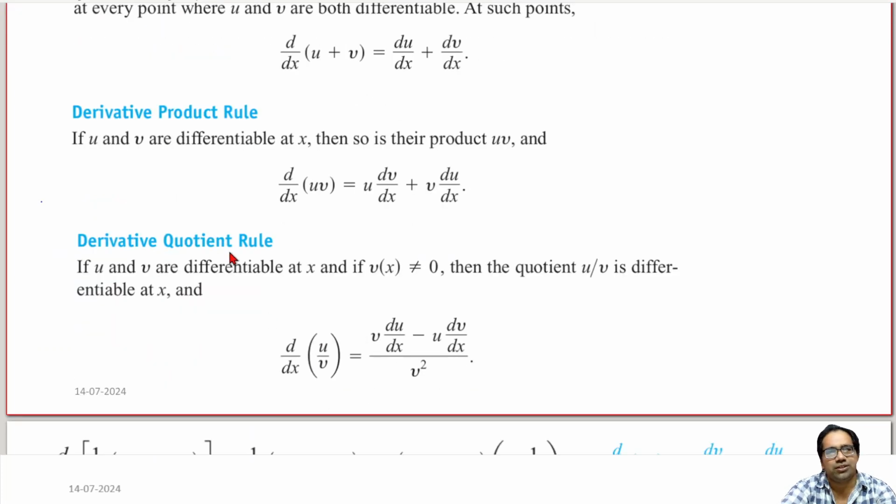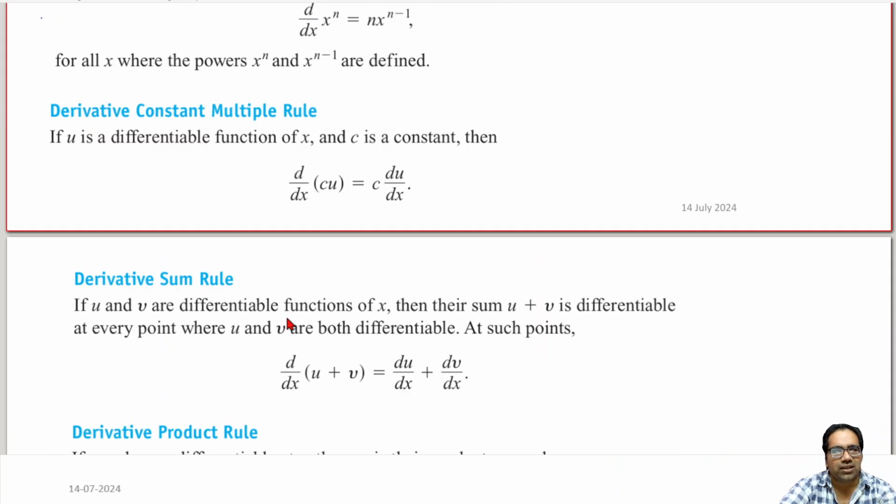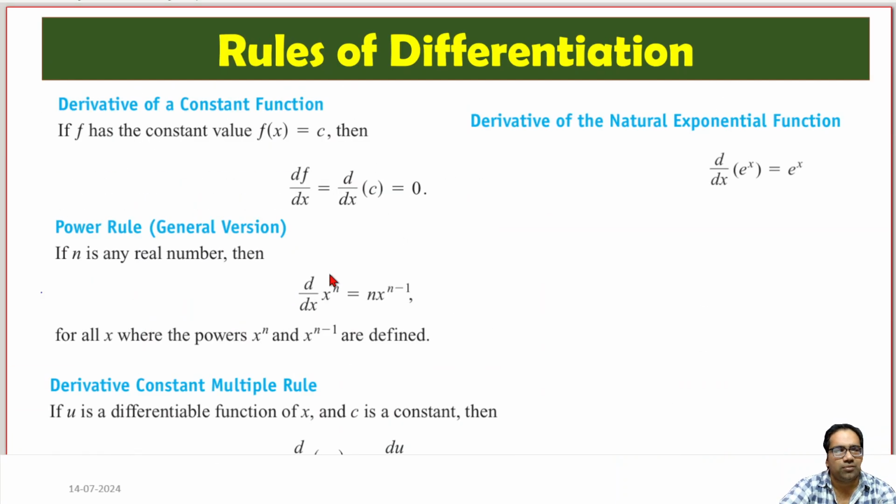And derivative quotient rule: this is the ratio of two functions, right? Then (v du by dx minus u dv by dx) by v square, which is nothing but (v u prime minus u v prime) by v square, right, guys? These are very, very important rules for differentiation, right, guys?